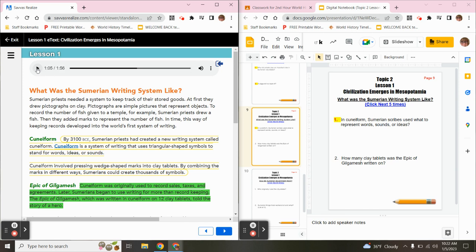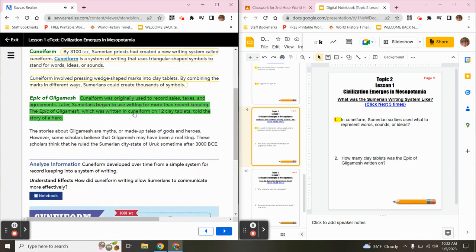Let's continue on. Epic of Gilgamesh. Cuneiform was originally used to record sales, taxes, and agreements. Later, Sumerians began to use writing for more than record keeping. The Epic of Gilgamesh, which was written in cuneiform on 12 clay tablets, told the story of a hero.